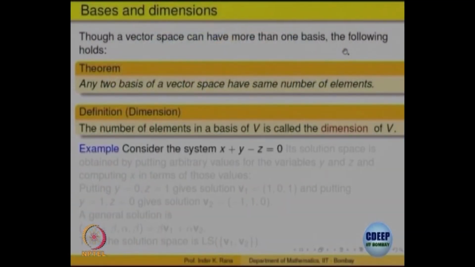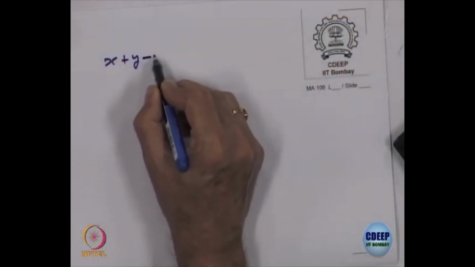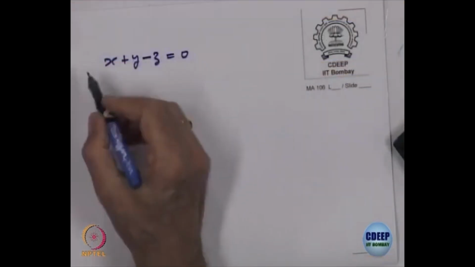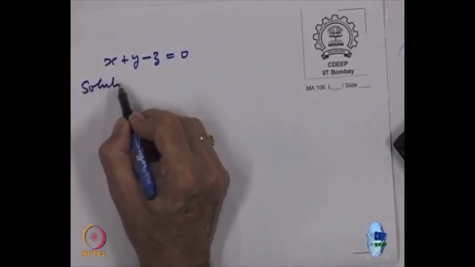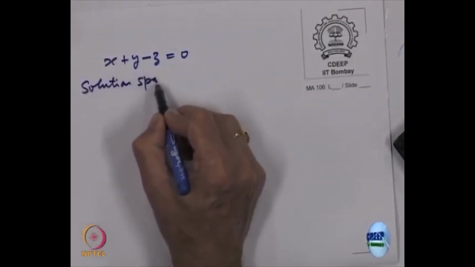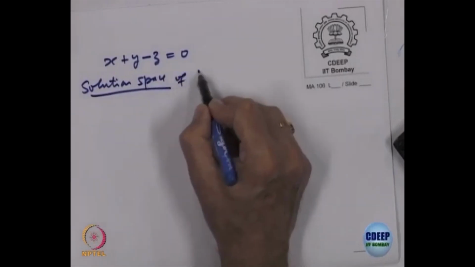Let us look at this. Consider the system x plus y minus z equal to 0. We want to look at the solution space of this system.